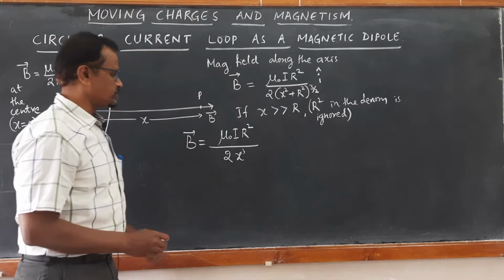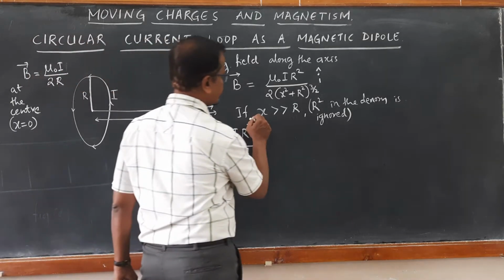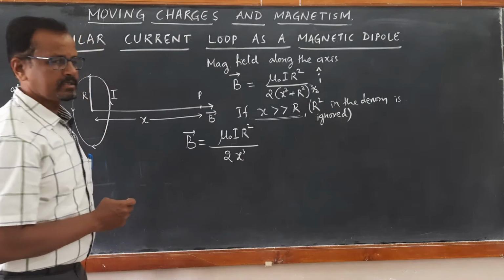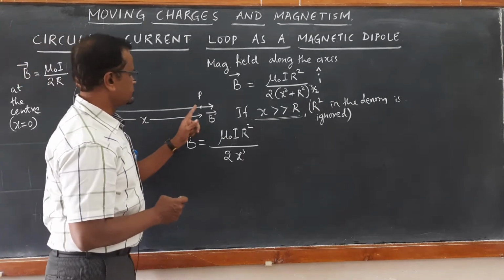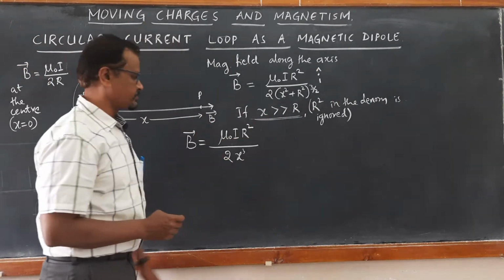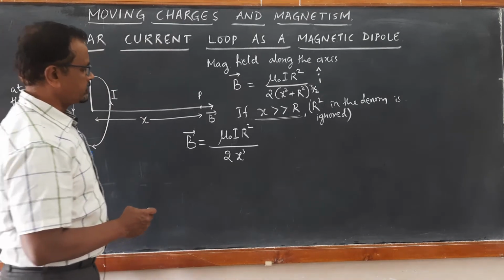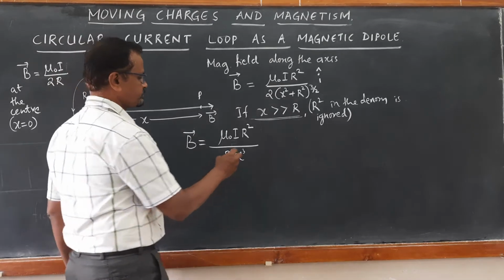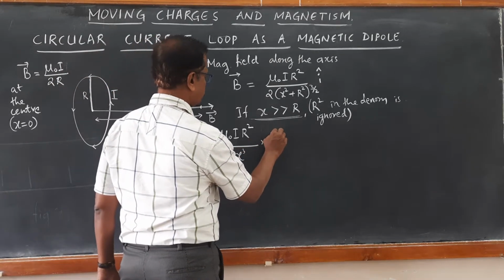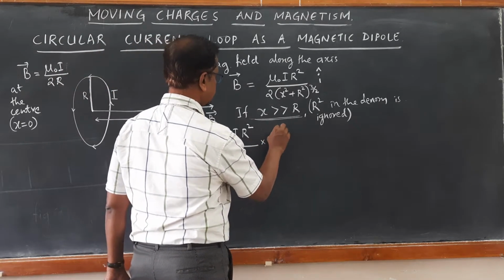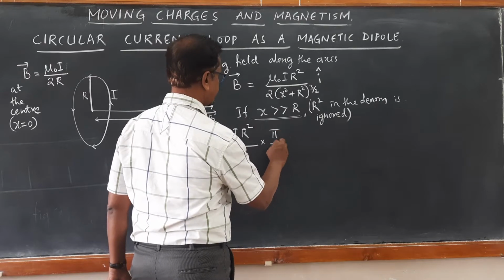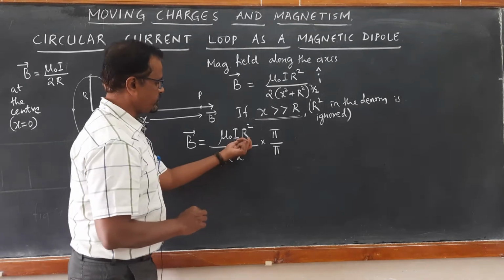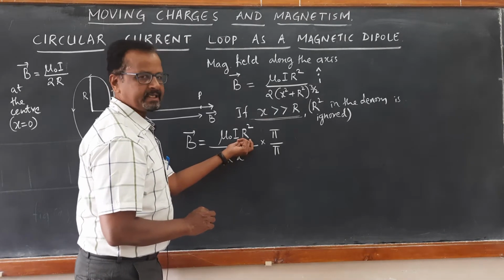Now, look at this equation for distance x very large compared to the radius. If x is very large, then we get this equation. Here we multiply and divide by pi, so that in the numerator we get pi r square.